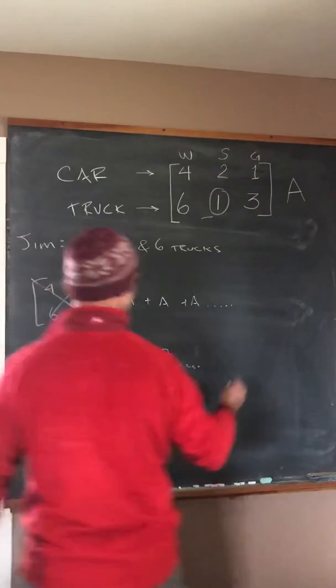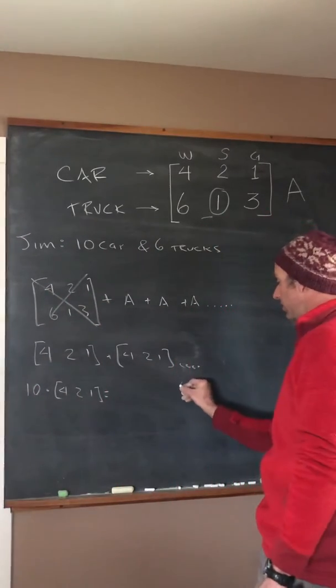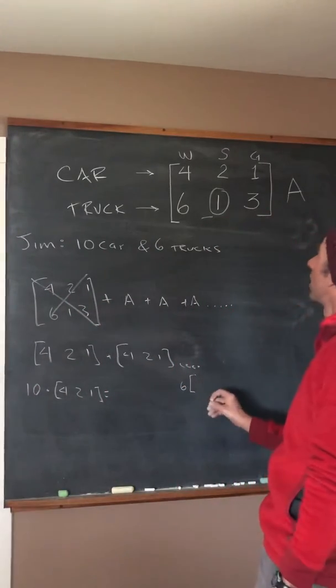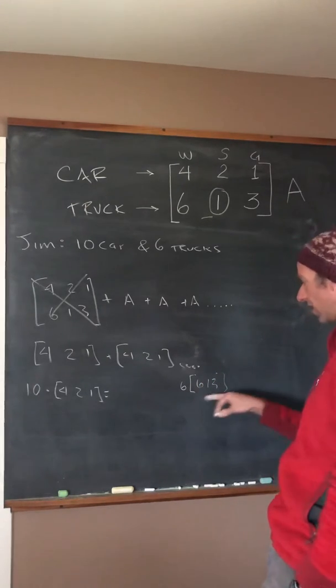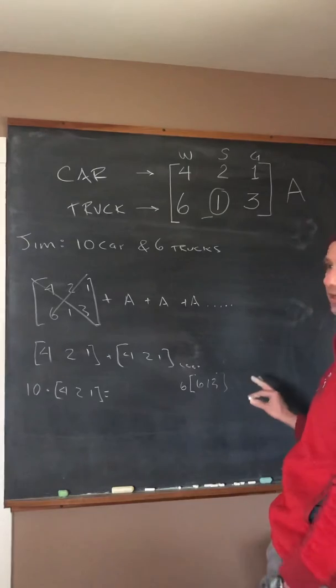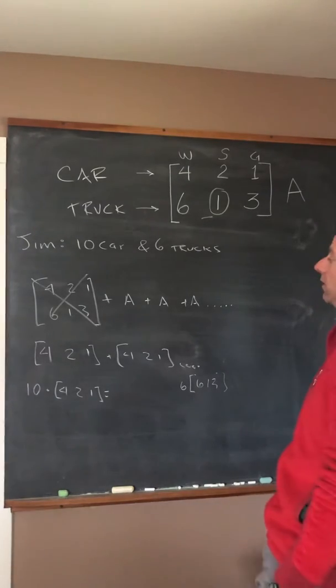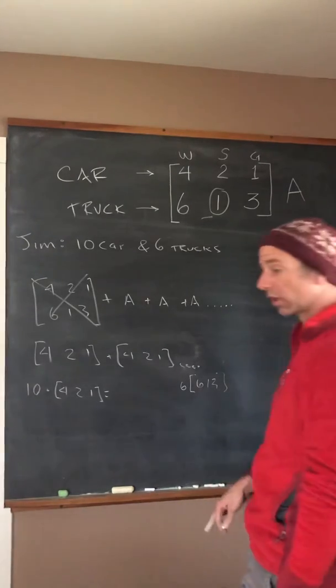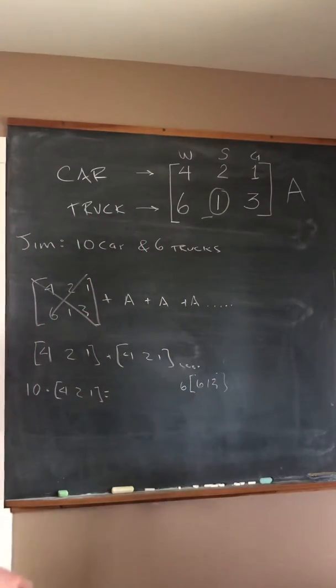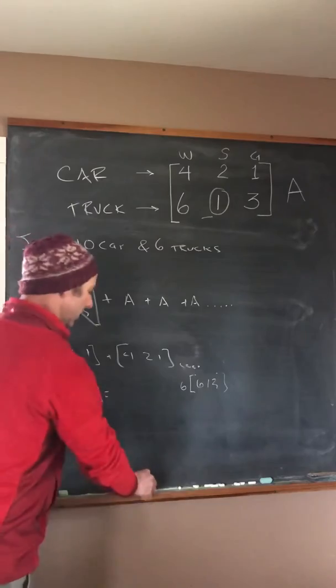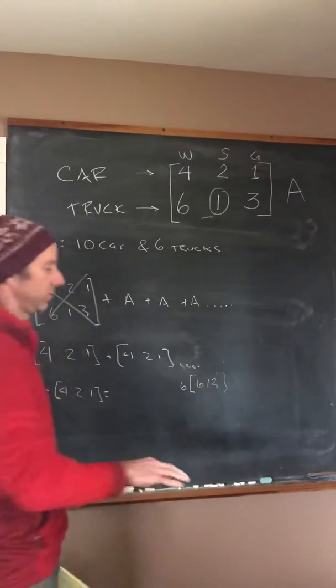I could also do 6 times 6, 1, 3. Then I could get a matrix in the end and add them up. That sounds kind of cumbersome. It would work, but I want to be a little more elegant. I want to try to do this all at once.